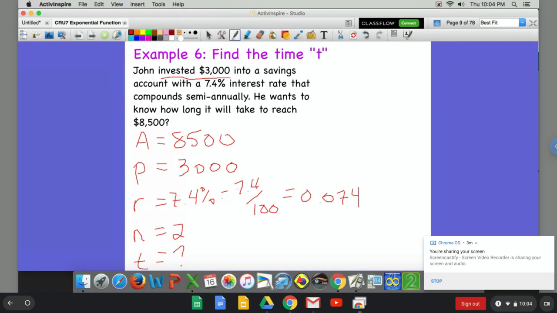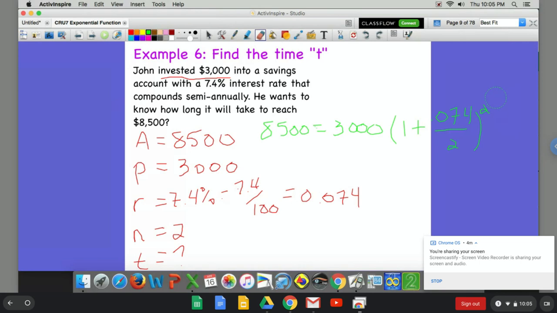So now let's write out our compound interest formula. So we know that A is 8,500, and that is equal to 3,000, which is P, parentheses 1 plus the 0.074 all over 2 in parentheses, N, which is 2, and then T. Now, we don't know T, so we're going to write the variable T. However, we kind of got to think about it as X, because when we punch it into Desmos, we can't punch in T, but we can punch in X. So we're going to go ahead and change that.